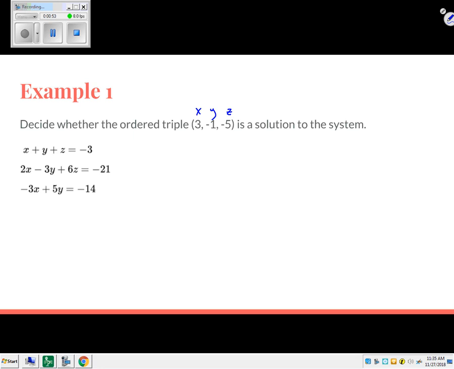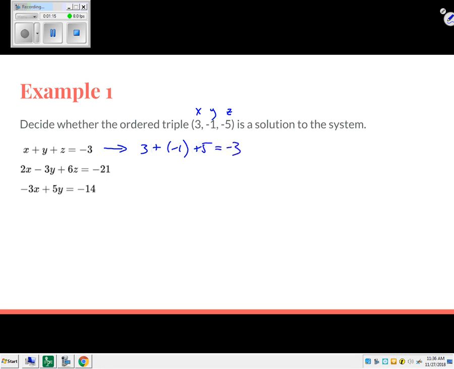So deciding whether or not these three equations right here intersect at the point (3, -1, -5) is just going to be a yes or no, determined by what happens when I plug in 3 for x, -1 for y, and -5 for z.